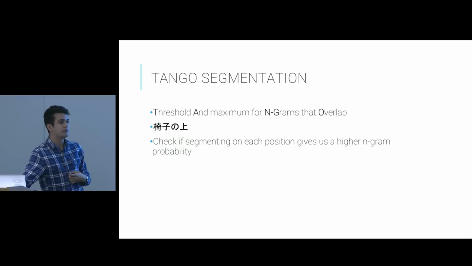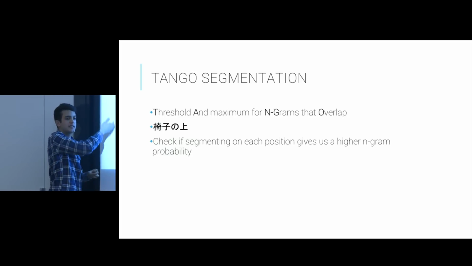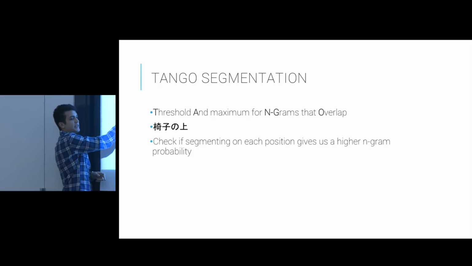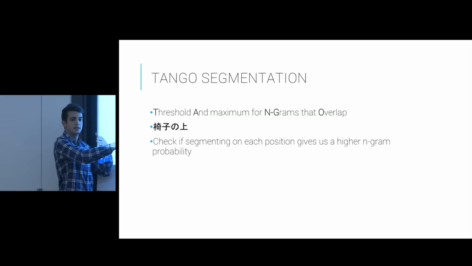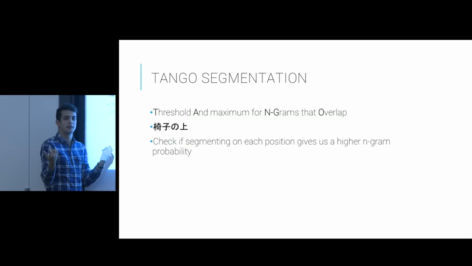So when you want to do segmentation, basically what you want to do is see all the possible ways that you can segment this sentence, such that you see the probability of each of those sentences existing in the language. So you try to put a space here, and you see the probability of that sentence. Then you think, okay, maybe that was not that good, so I put a space there and a space there. And then you calculate the probability now, and you see that it's a higher probability.